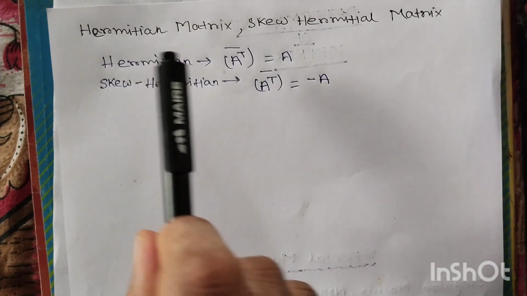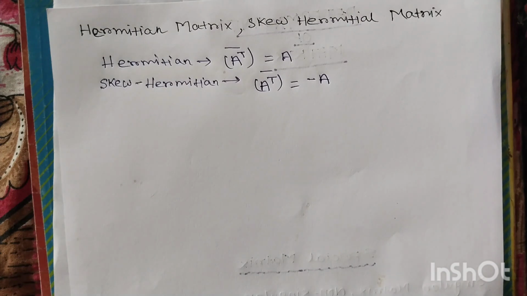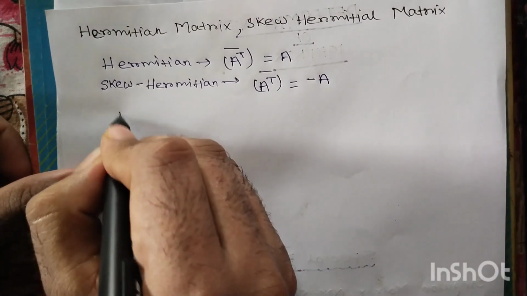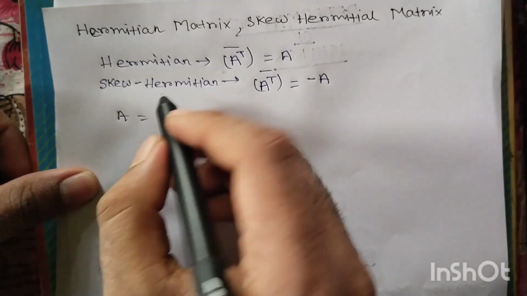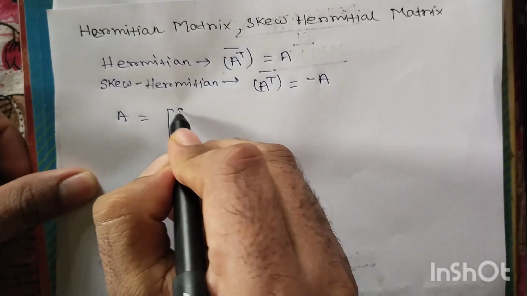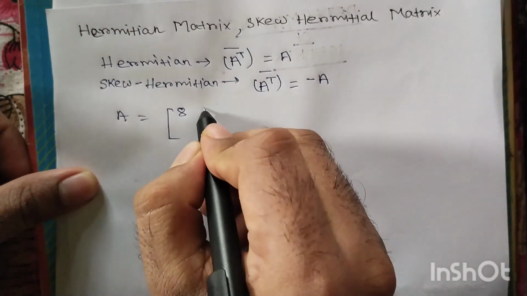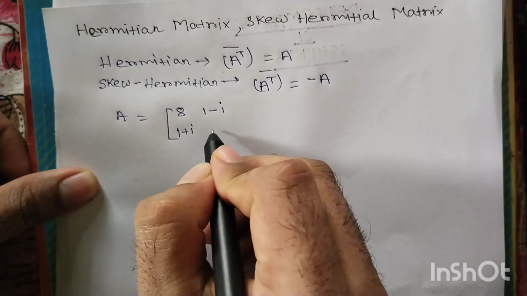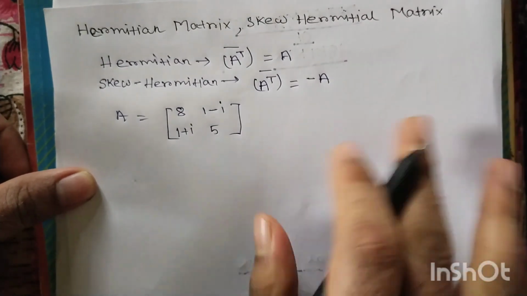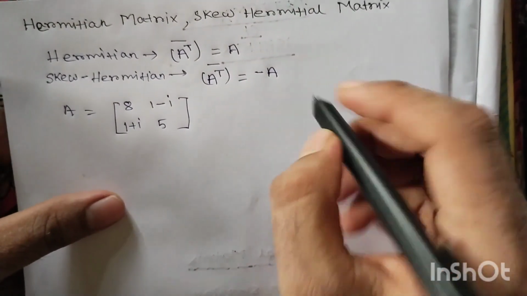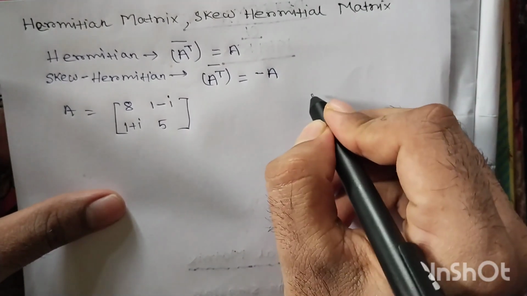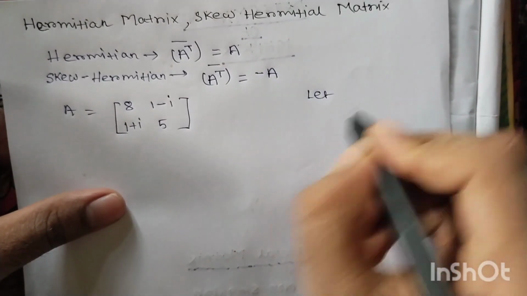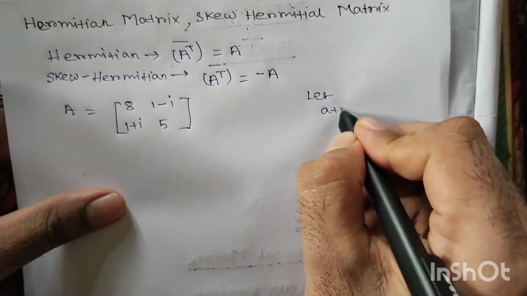One thing, that each element of a Hermitian matrix is a complex number. Okay, so let's take an example A. Let a complex number be a plus ib.